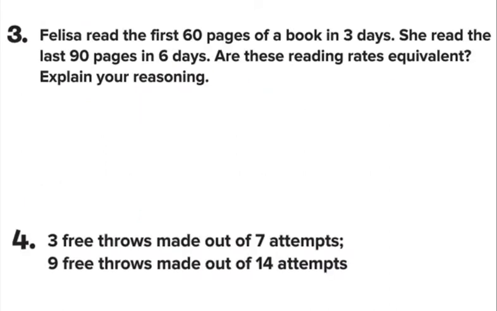All right, let's look at a couple other problems here. It says Felicia has read the first 60 pages of a book in 3 days. She read the last 90 pages in 6 days. Are these ratios equivalent? And we need to go ahead and explain our reasoning. First, let's set up our ratios.